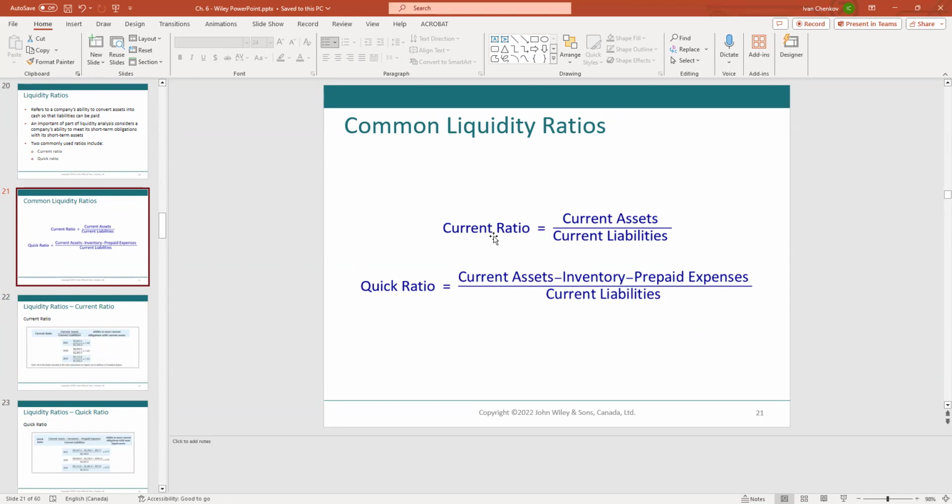If the current ratio is equal to 1 it means the amount of the current assets is equal to the amount of current liability. So we have exactly the same amounts for current assets and current liability. So 1 is a good number, but it's not the best number. Good number because it shows us that we have exactly the same assets as liability. So we can pay our liability. But the thing is, once we pay our liability, we know.